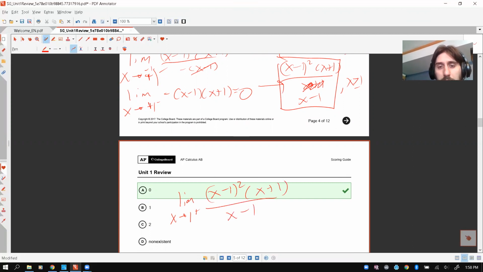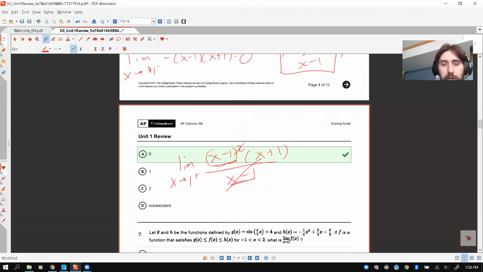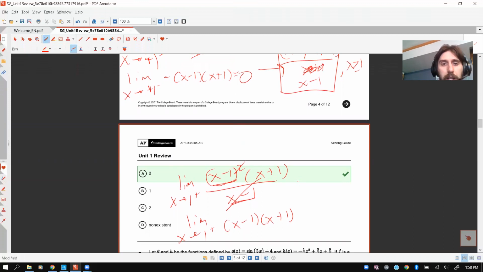Again, there's an x minus 1 in the numerator and the denominator, so we can cancel one of them, which leaves us with the limit as x approaches 1 from the right of (x minus 1) times x plus 1. Notice that the only thing that changed between the left and the right side was that on the left side we had this negative to worry about. On the right side we don't. But if you directly substitute now, you'll still get the same thing. 1 minus 1 times 1 plus 1 is just 0.